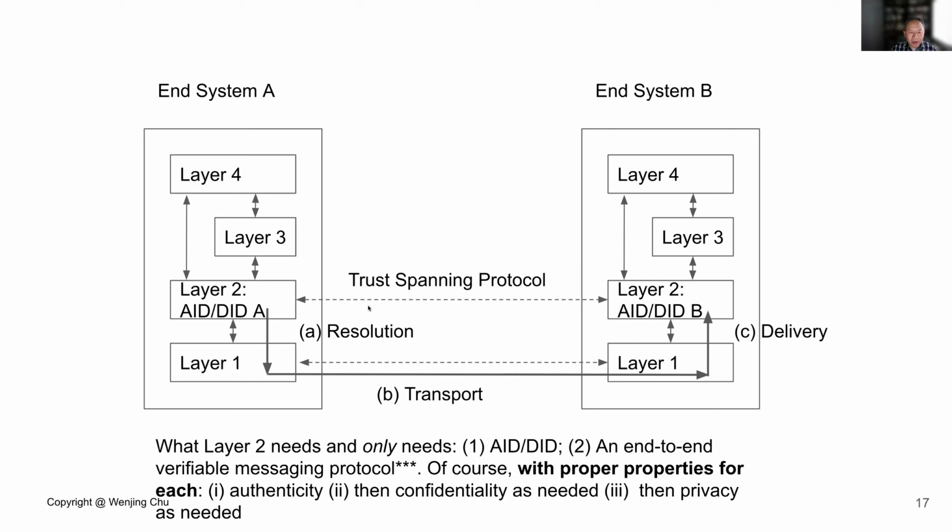And the difference, I think, in the trust spanning protocol, or layer 2, is the proper trust properties. The three properties we really want to highlight are: A, authenticity, that's really the most important one. And then, optional but often needed, is confidentiality. And then, optional but often needed, is privacy.